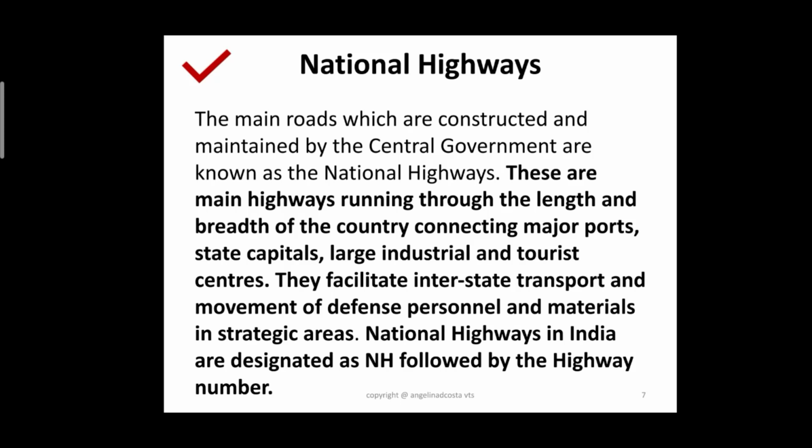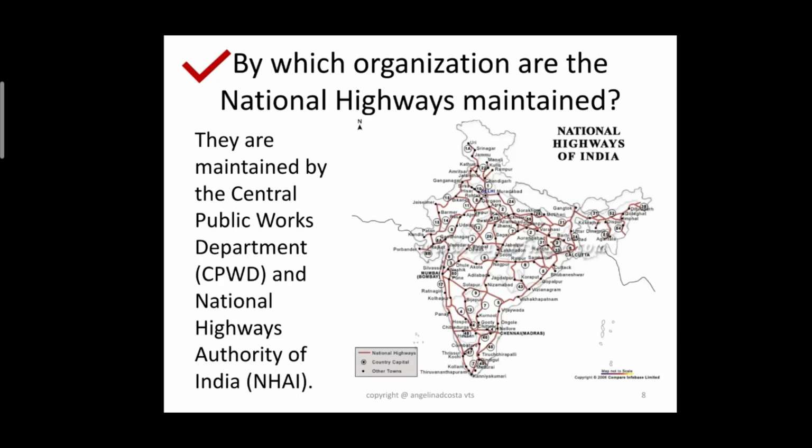By which organizations are the national highways maintained? The national highways are maintained by the Central Public Work Department (CPWD) and the National Highways Authority of India (NHAI). When was the National Highways Authority of India constituted?